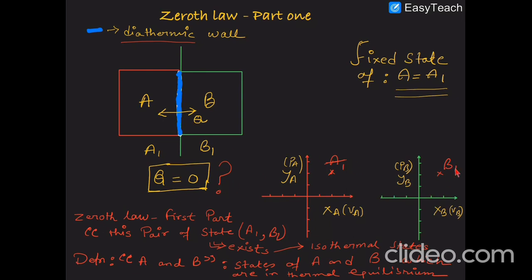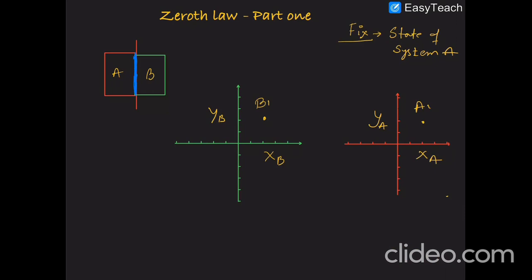Once you find that point, that unique state in the state space for which there is no heat transfer, like A1 and B1, these are the isothermal states, and the states of A and B can be said to be in thermal equilibrium.